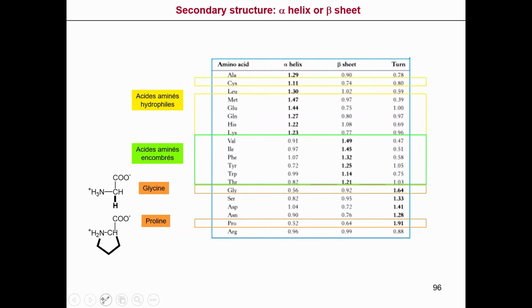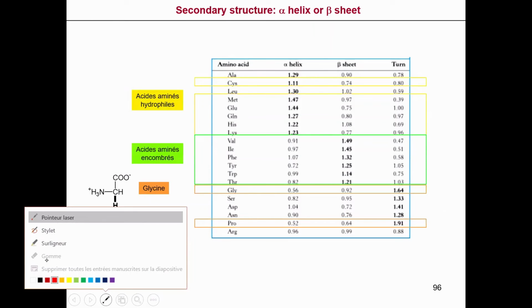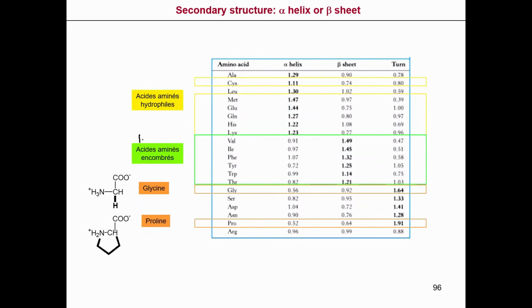The bulky amino acids, so the large amino acids, are usually involved in the beta sheet.